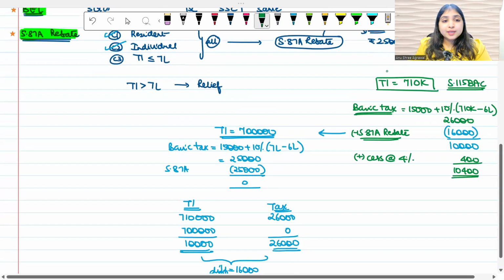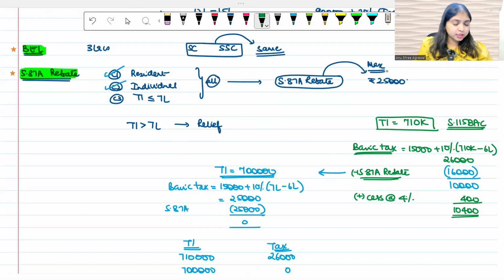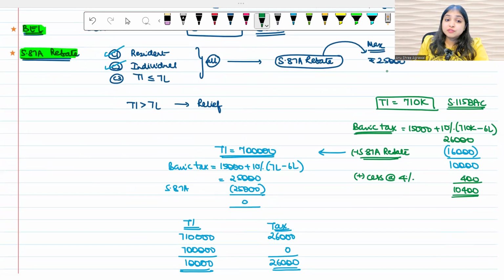Understanding, guys. So when it comes to 115 BAC, when you're doing 87A rebate calculation, please remember that even if the total income is more than 7 lakhs, even then in some cases, you will still be able to enjoy 87A rebate. But tell me, will you do this calculation even if the income is 10 lakhs? Will you waste your time? No. So only if the assessee's total income is close, same like the marginal relief concept, guys.